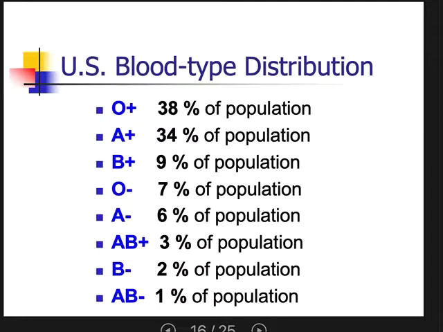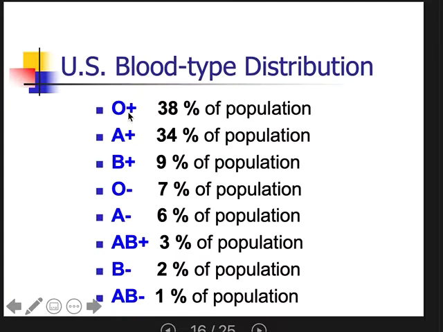So the U.S. blood type distribution does change over time, and this might even be slightly outdated now. But we do see that O positive, which only has the Rh antigen and not the A or B antigen, is the predominant amount of the population.